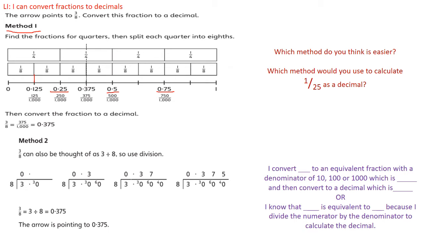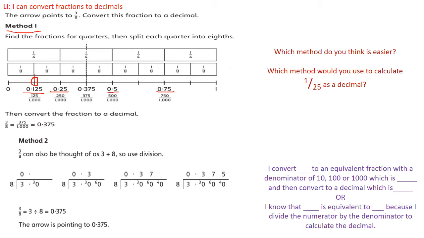Well, if 2/8 equals 0.25, if we halve that, we're going to find out what the decimal is halfway, which is this one here. And we can see that that is 0.125.